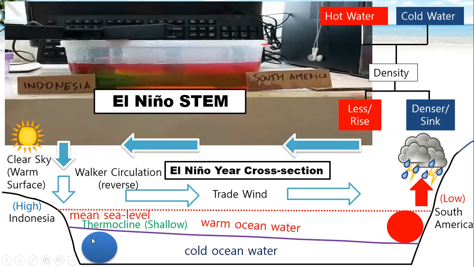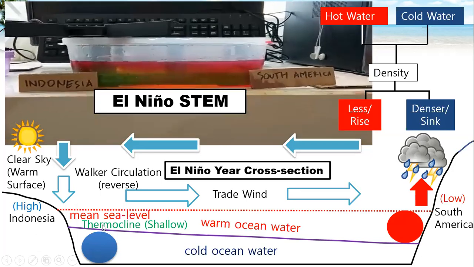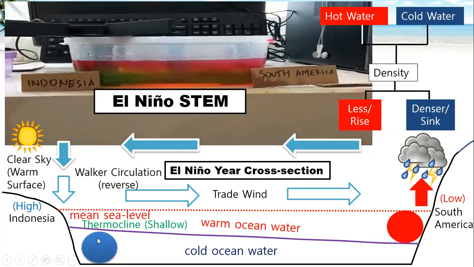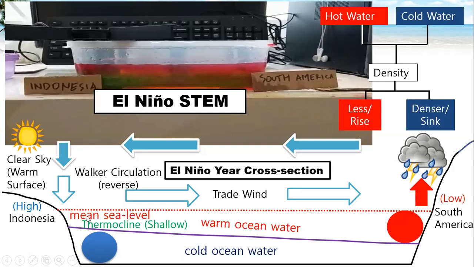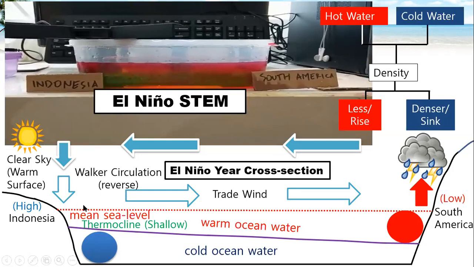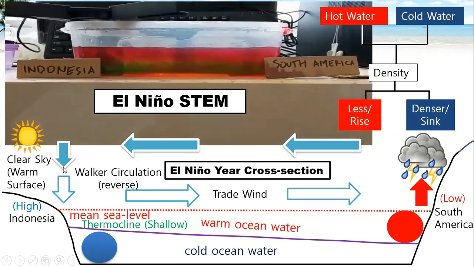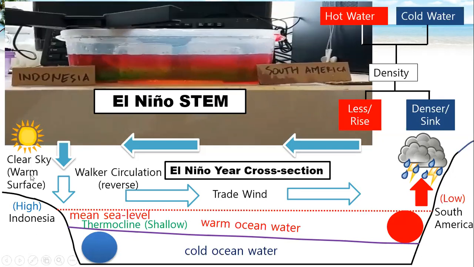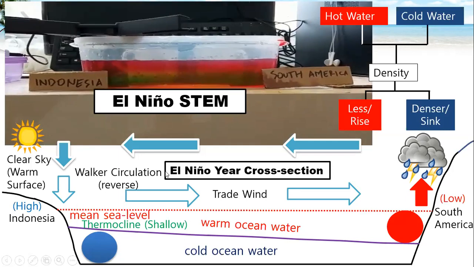So here in Indonesia, we have a shallow thermocline. Because of a shallow thermocline and the rising of water mass from the bottom, here we have a cold pool. Because of the cold pool, no evaporation, so we have no convective clouds here. So what we face is hot condition on the surface.